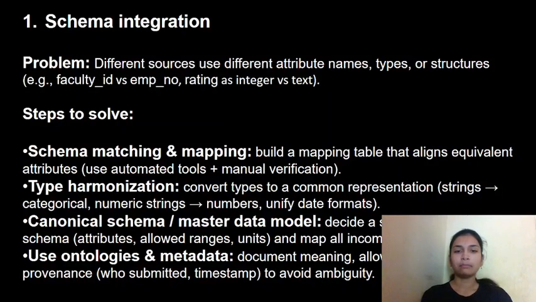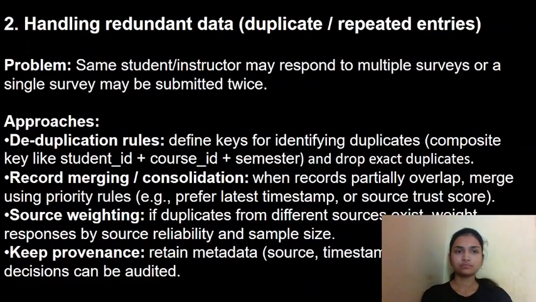Canonical schema, master data models: decide a single canonical schema and map all incoming records to it. Okay, now use ontologies and metadata: document meaning, allowed values, and provenance to avoid ambiguity.